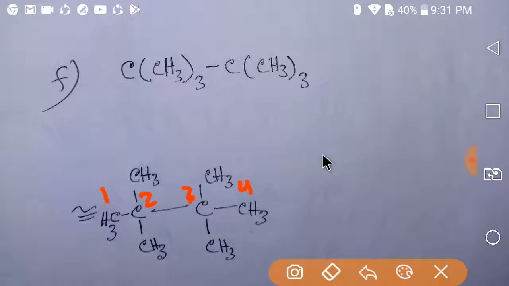So this is butane, but at first we have to take the positions of the methyl groups. At carbon 2 we are getting 2 methyl groups, right? And then at carbon 3 we are also getting 2 methyl groups, right?